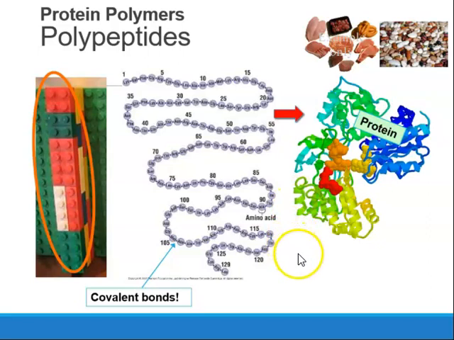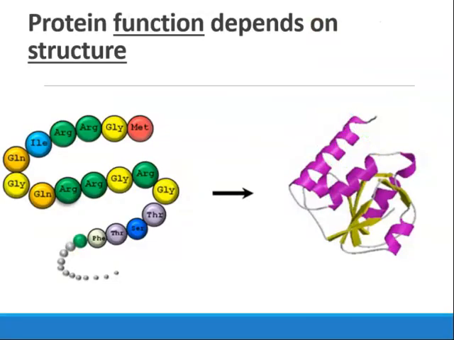Now we can go from different structures to more complex structures that form proteins. So here we have a long strand of amino acids bonded by covalent bonds, and here we see a more complex structure, because protein function actually depends on structure. We can talk about primary structure, secondary structure, tertiary structure, as well as quaternary structure.